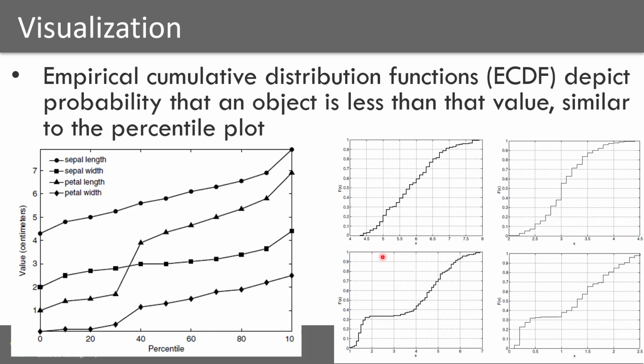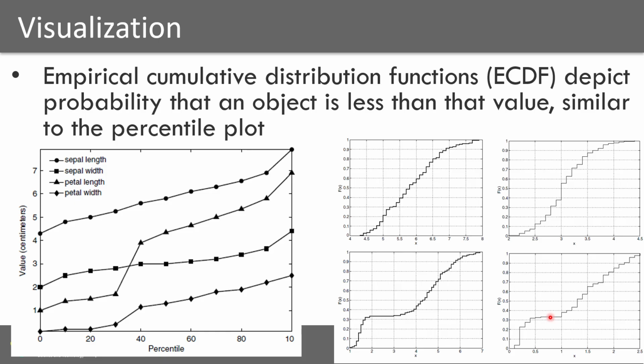So in these ECDF plots, these are the lengths, sepal and petal lengths, this is the sepal width, and this is the petal width. Interestingly, there is a plateau, both in the length and width for the petal part of the structure of the flower.